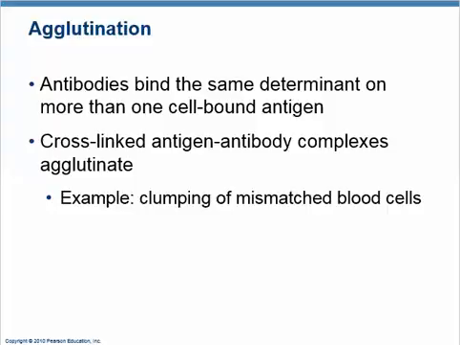Well, this is the same sort of thing. If you take one of these star-shaped or snowflake-shaped antibodies, and you stick it to a number of different pathogens at the same time, the antigens on a number of different pathogens at the same time, you basically are going to clump the pathogens together.